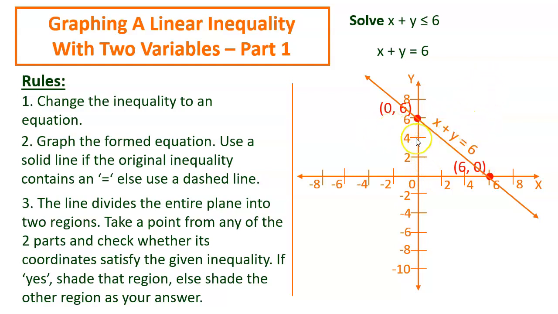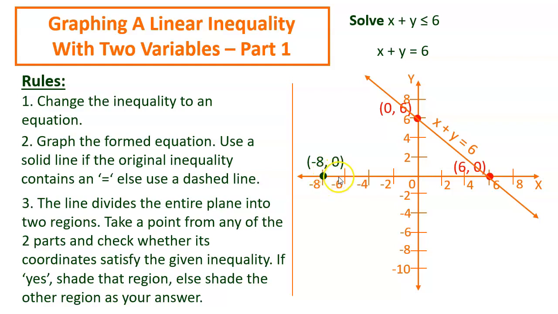Whatever name you give to these regions, the fact is that the line is dividing the entire plane into two parts. Take a point from any of the two parts and check whether its coordinates satisfy the given inequality. You can take a point from this part or from this part. I am taking a point from this part. I have taken negative 8, 0 as the point.